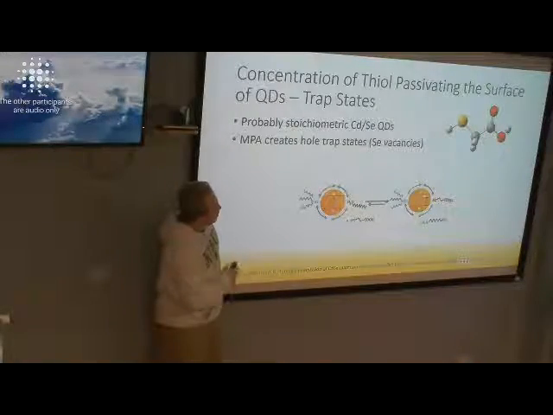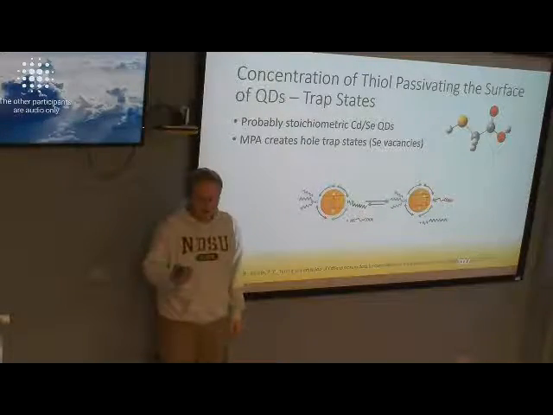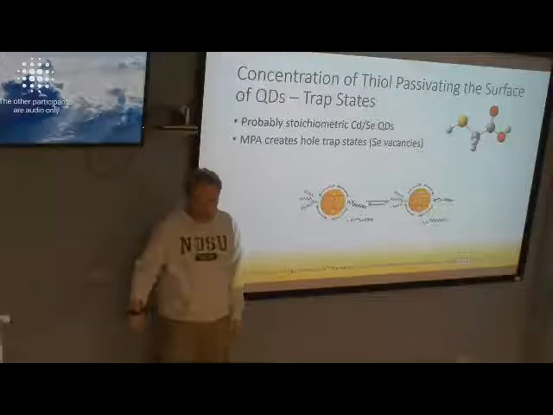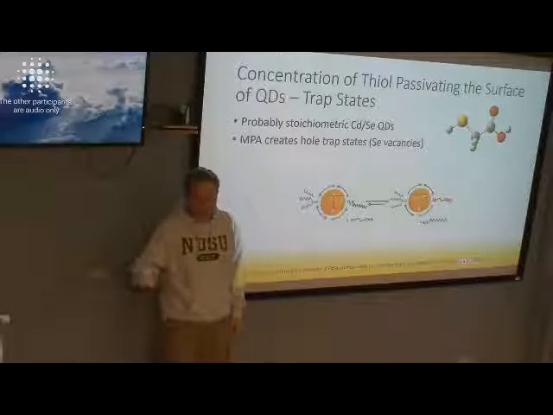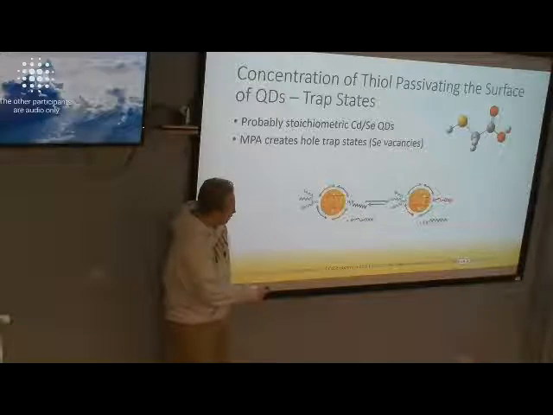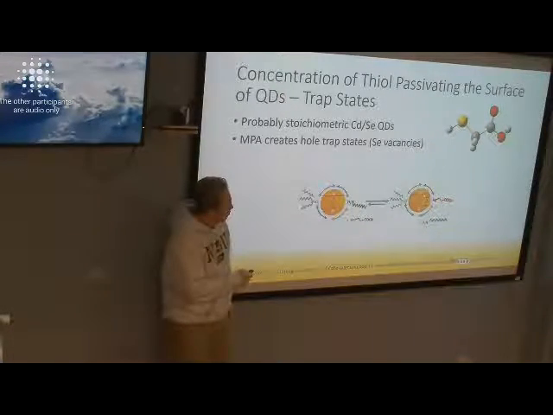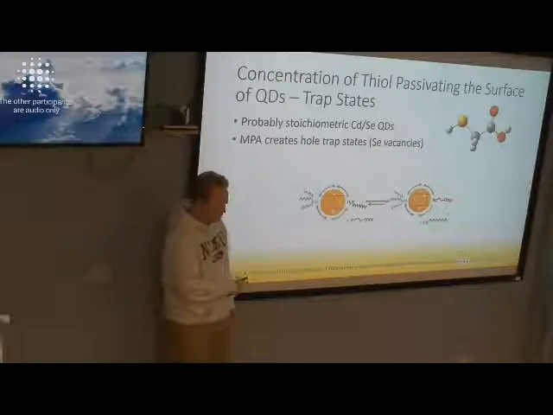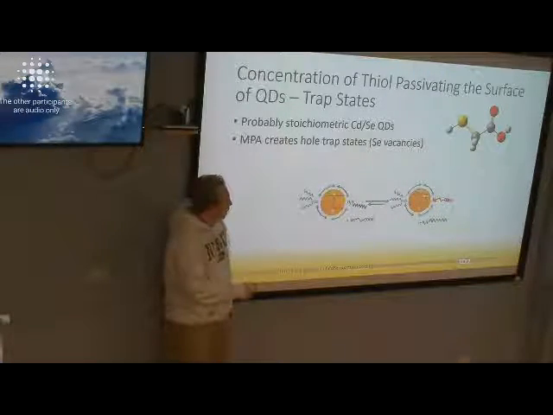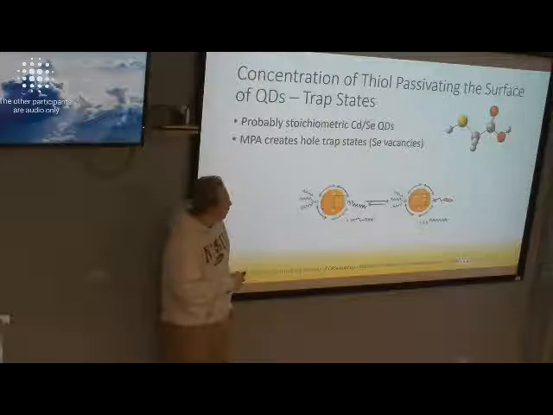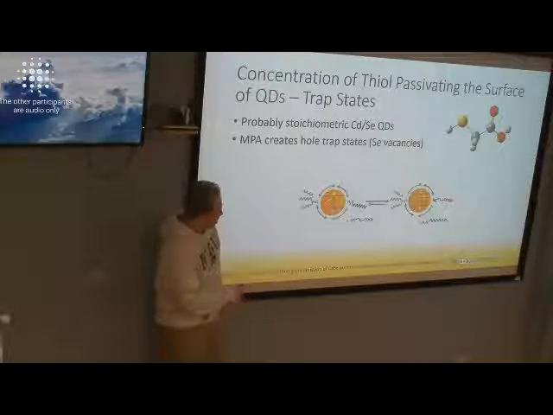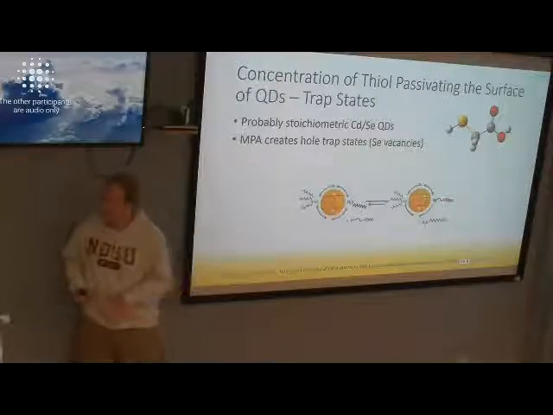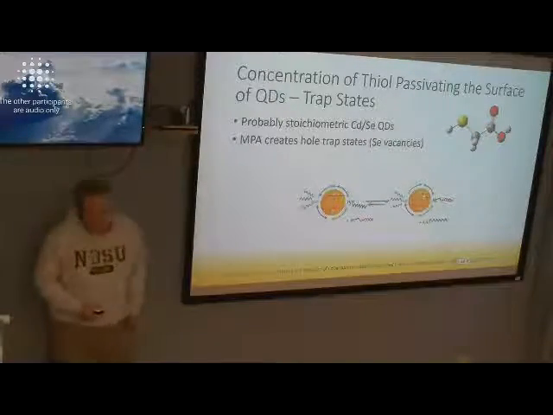And then they say selenium vacancy, which also means that it should be a hole trap state, because the conduction band should be cadmium, valence band should be selenium. So this picture I didn't like so much, but this shows what they've seen.